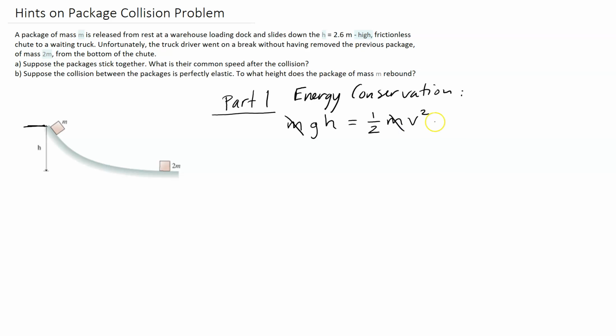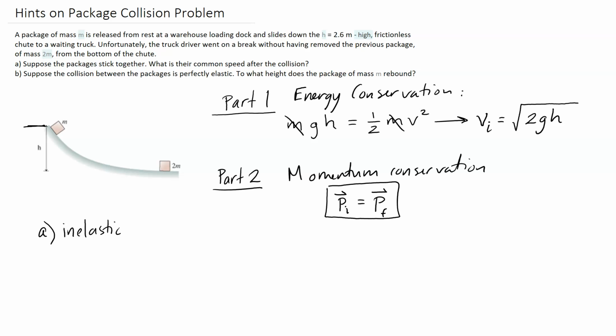I can find that velocity. It's the square root of 2gh, and I've added a subscript v_i right here because this is really the initial velocity for our momentum conservation problem. It's the velocity now that I have to think about as m is approaching 2m.